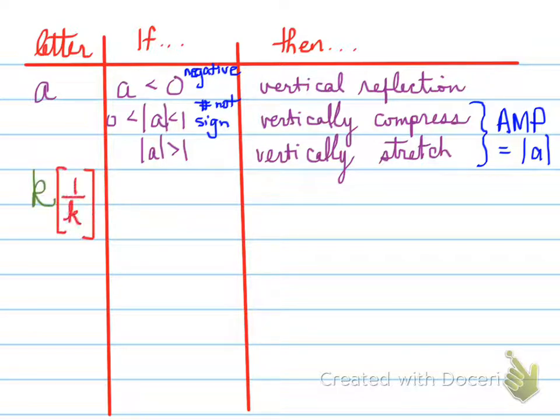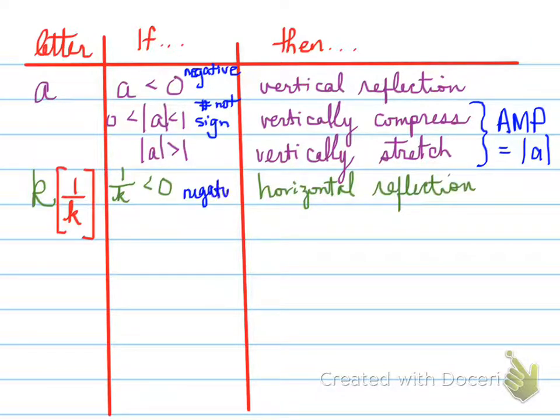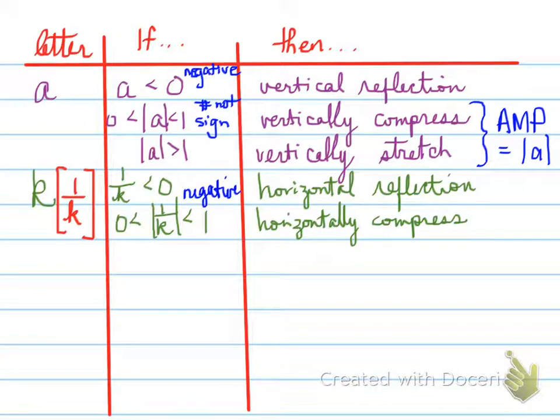K. Remember, it's not K we're looking at, but 1 over K. What does that mean for us? Well, 1 over K is less than 0, means that it's negative. If 1 over K is negative, means that there is a horizontal reflection. And then the next part, if 1 over K is between 0 and 1, the number, not the sign, you would write a horizontal compression.